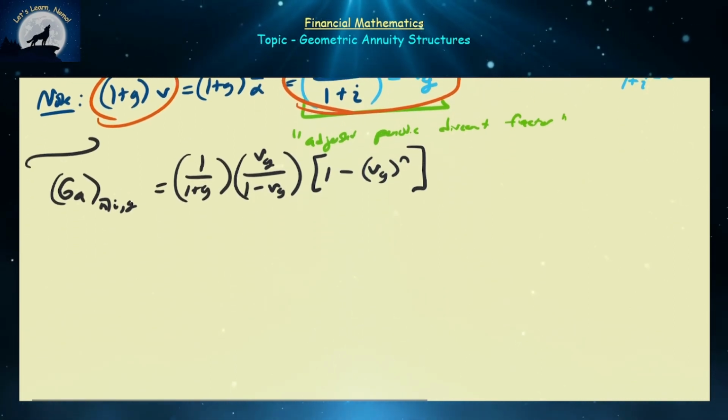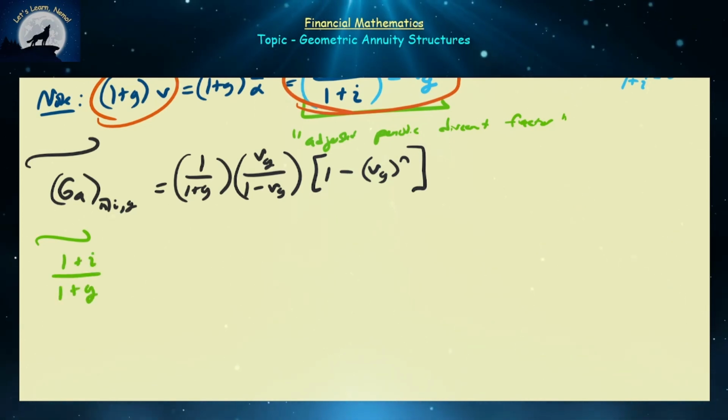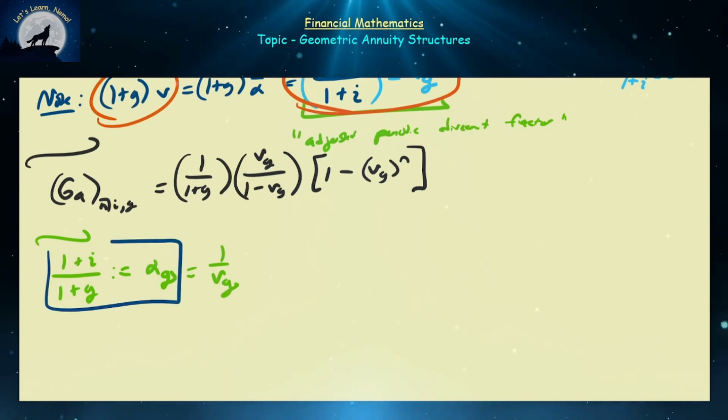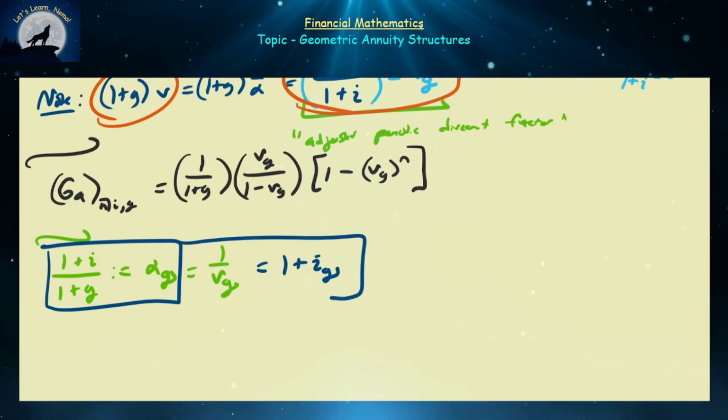So what we have here, if we define (1 plus i) all over (1 plus g) to be equal to alpha_g, which obviously is the reciprocal of our nu_g object, this would have to be equal to 1 plus some effective interest rate that also depends on our g, right? So we can define that object as well. So we're just defining 3 new interest rates that sort of combine both i and g into the same exact realm.